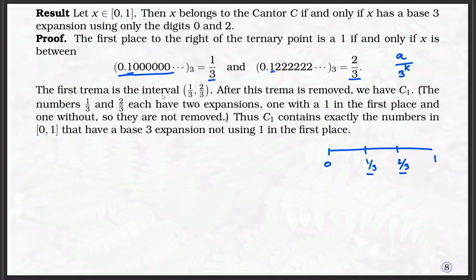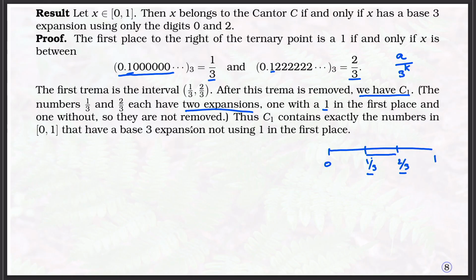The first removed interval is 1 by 3 to 2 by 3. After this is removed, we have the iteration C1, consisting of the closed interval 0 to 1 by 3 and 2 by 3 to 1. The numbers 1 by 3 and 2 by 3 each have two expansions, one with the digit 1 in the first place and another without the number 1.